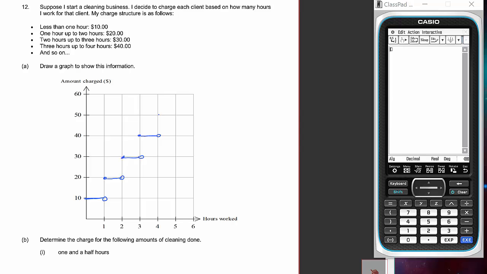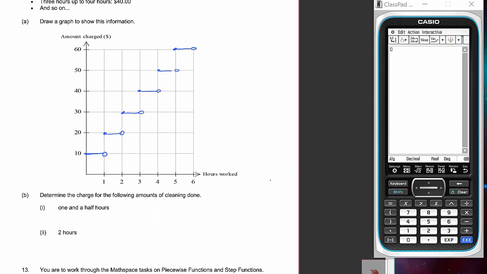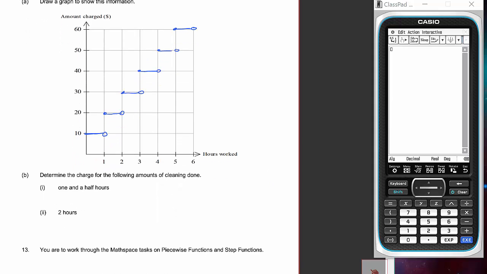And 4 hours up to 5 hours would be 50, and I'm pretty sure that we can put this one in as well. So charge for the following amounts of cleaning done. So 1.5 hours is going to be $20. And 2 hours, now that's where the gap is, so we have to go up to the next one, so we charge $30 at that point.